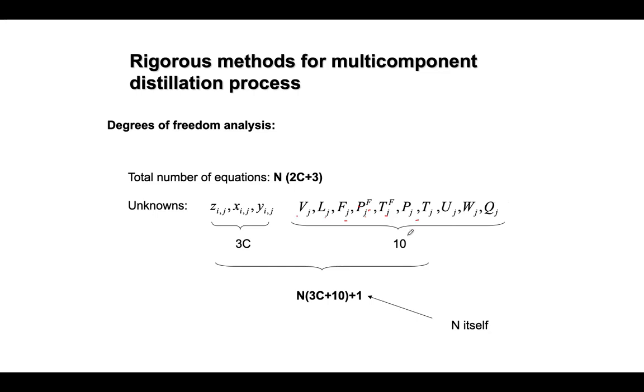If we add all of them, it becomes 10. So in total, for the number of equations, there are n multiplied with 2c plus 3, and the unknowns, there are n multiplied with 3c plus 10, plus 1, which is with this n itself.